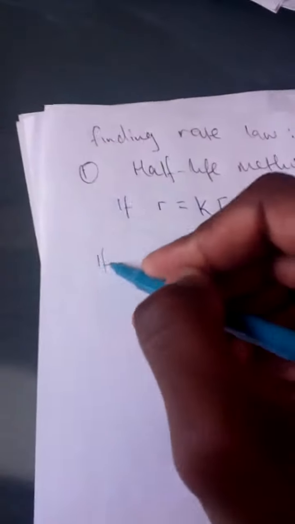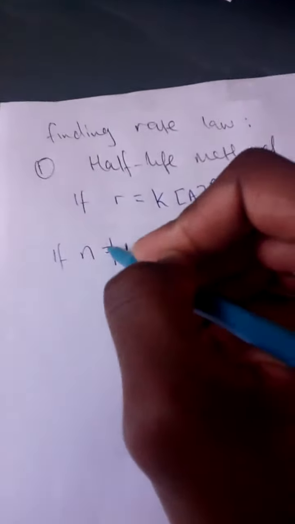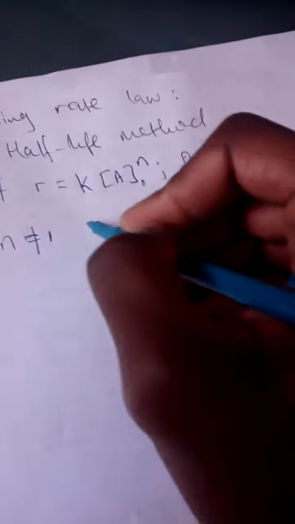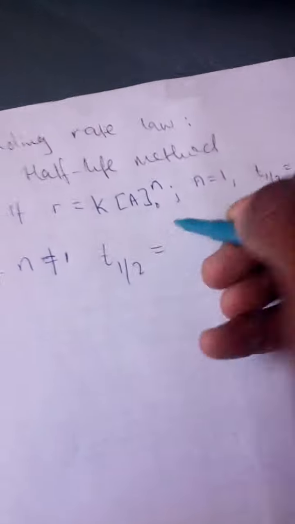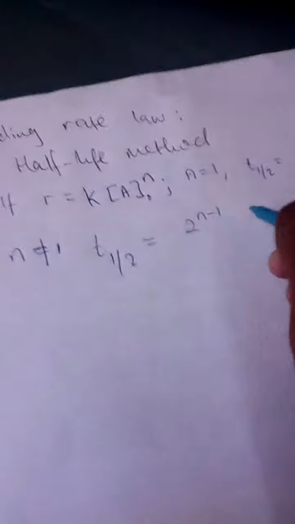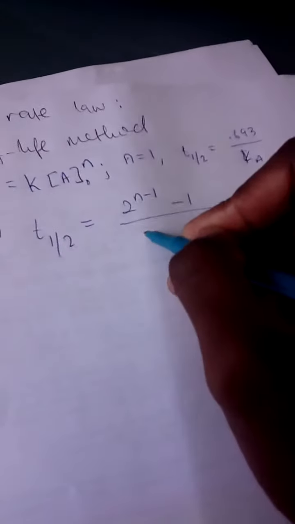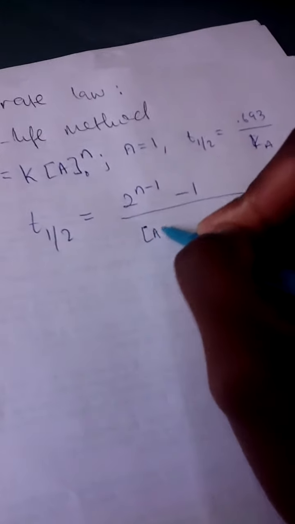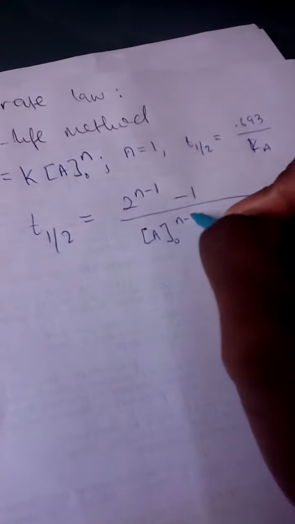If n does not equal 1, it could be nth order. You could see from the previous videos that the half-life becomes 2^(n-1) - 1 over (n-1) k A0^(n-1).